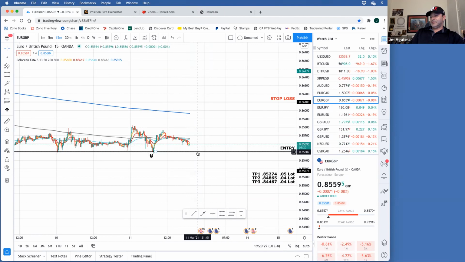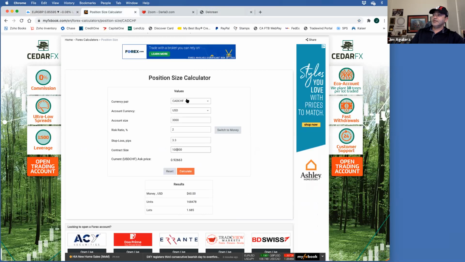But in his message that he sent out, you know, he gave us a stop loss. He gave us the entry point as long as it crosses below it. And then he gave me 3 take profits. I just put the first one down as this line. I didn't put the other ones. But in this case, what we're interested in order to be able to calculate our position correctly is the pair. So that's Euro, Great Britain pound.